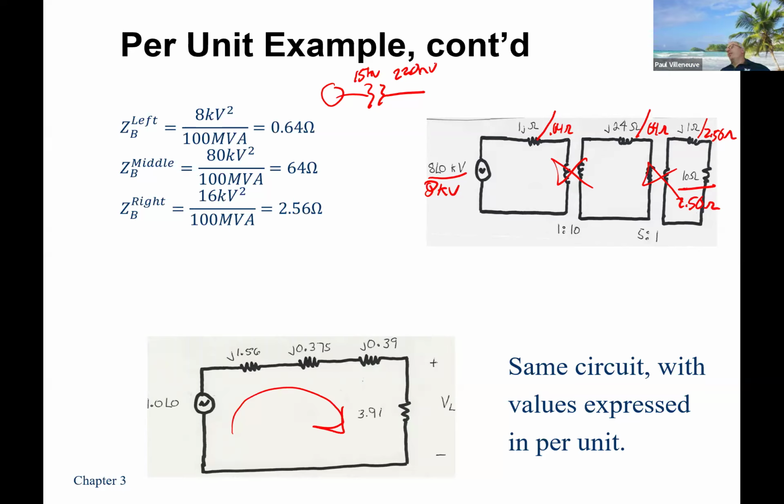You typically want to pick your S base. Most of the time your S base is a standardized 100 MVA. That's what all the ISOs and the utilities want. It's almost always 100 MVA. If you were able to pick your own, usually you pick an S base similar to the S base your equipment has.